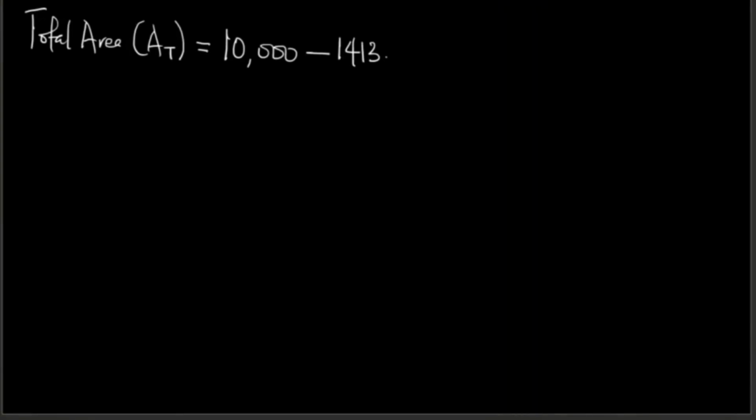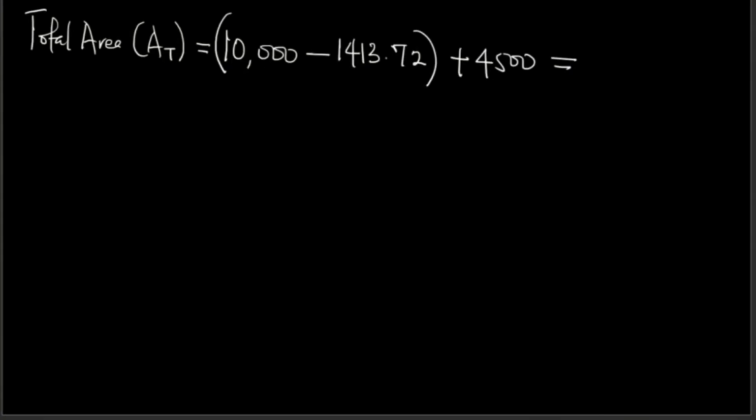So the total area: 10,000 minus the area of the hole, 1413.72, put inside the bracket, then add the area of that triangle. Can someone give me the total area value here? Thank you. 13086.28.